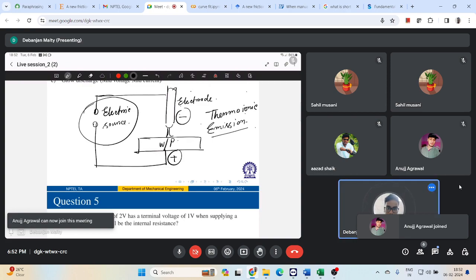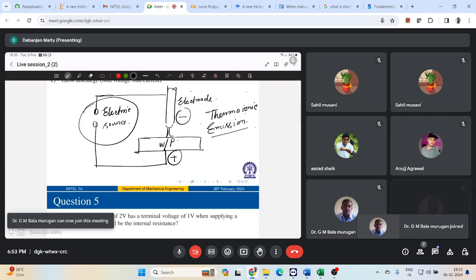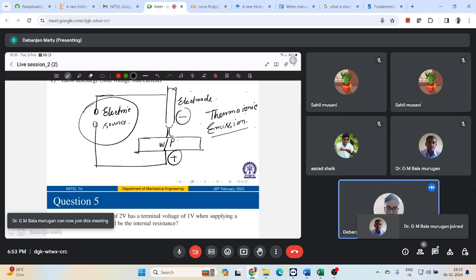So what is thermionic emission? Before that, what is a heat source? Your heat source should release some kind of heat in a sharply defined zone, which will be isolated in nature.